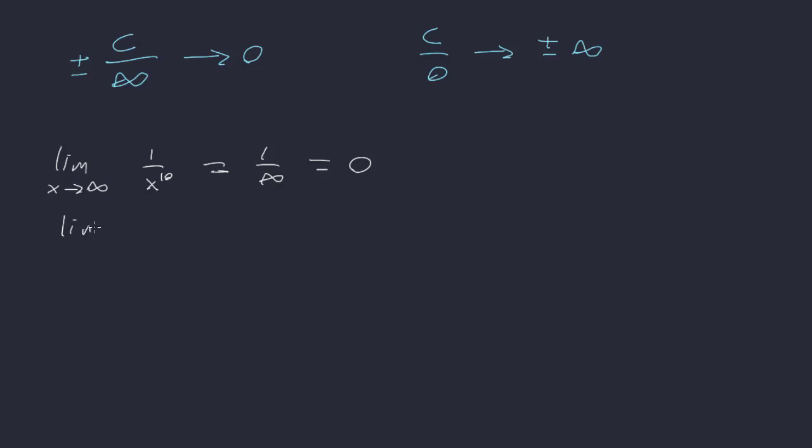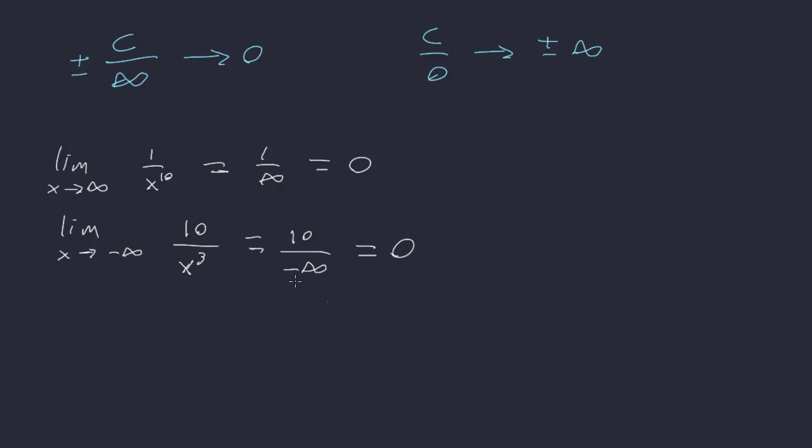Okay, so if we have the limit as x goes to negative infinity of, let's say, 10 over x squared. Okay, actually, no, let's do x cubed. Well, we know that as x goes to negative infinity, x cubed goes to negative infinity, which is going to be 0.